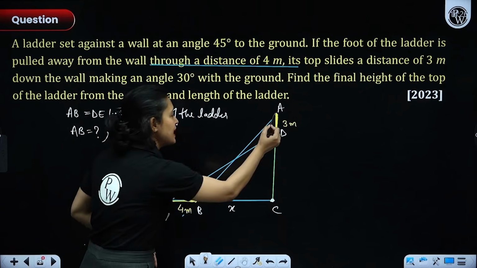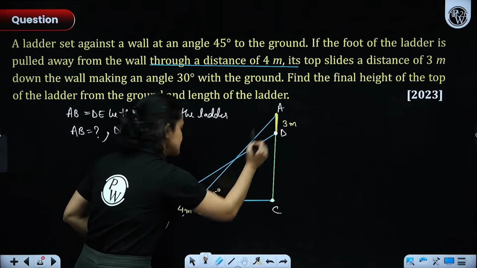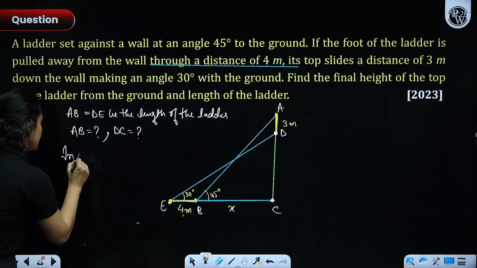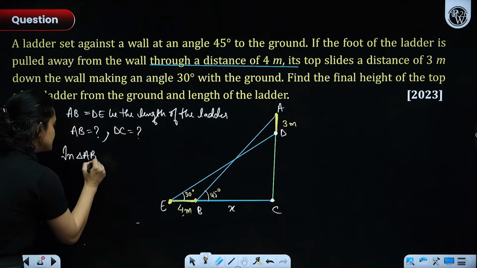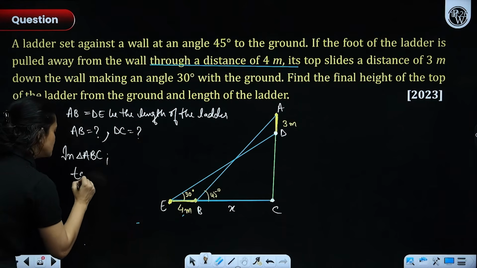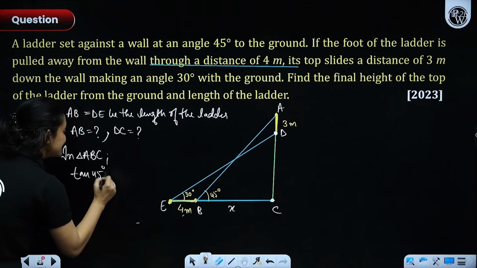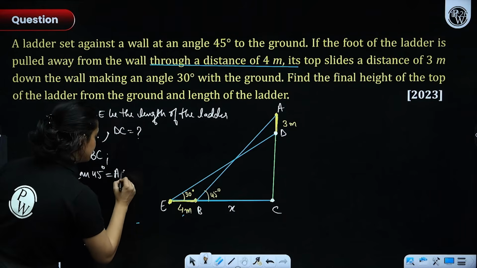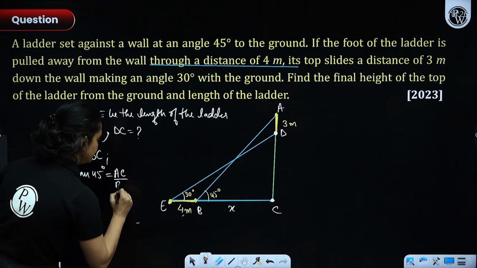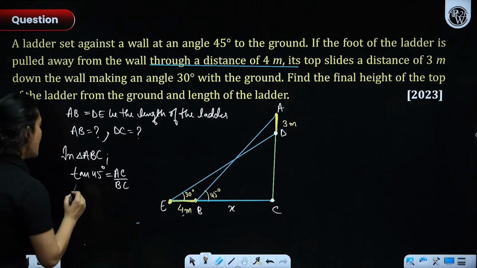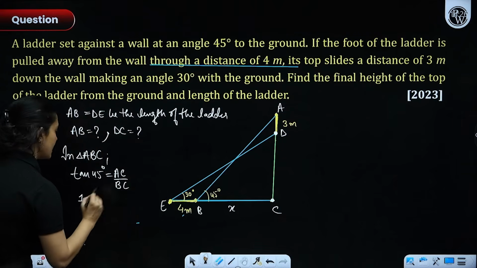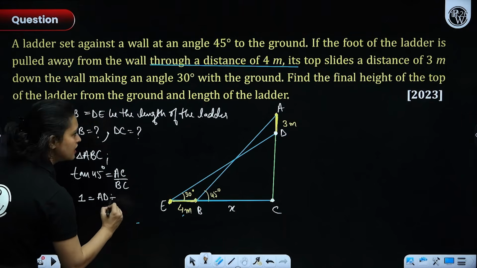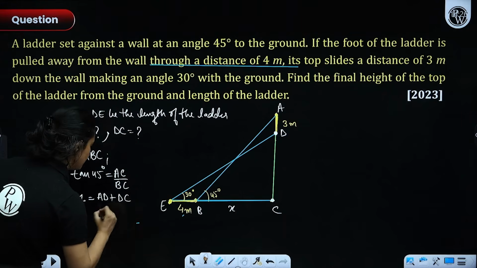So look, first of all, take this big triangle here, triangle ABC. Now in triangle ABC, everyone, if I use tan 45 degrees, then I can say that this is equal to AC by BC. Yes, everyone? Now, tan 45 degrees is 1. AC is equal to AD plus DC over BC.